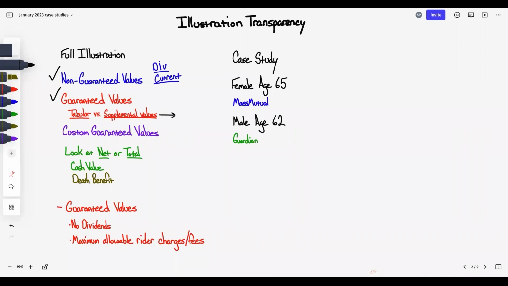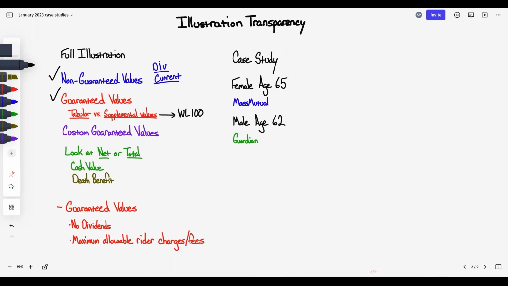So if I pick a product that is, let's say it's a whole life 100, how long are premiums payable in that particular product? Up until your age of 100. Okay. The tabular values will assume that the premium is paid up until age 100 no matter what.